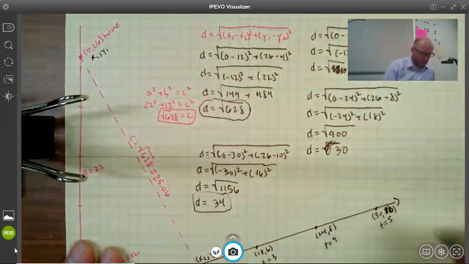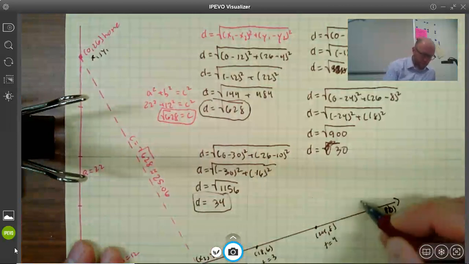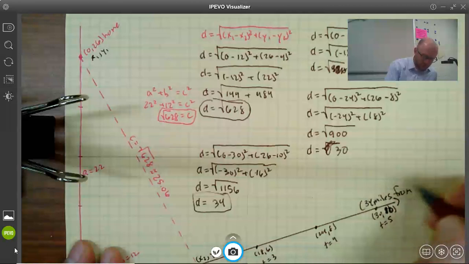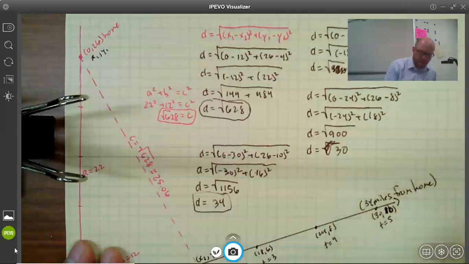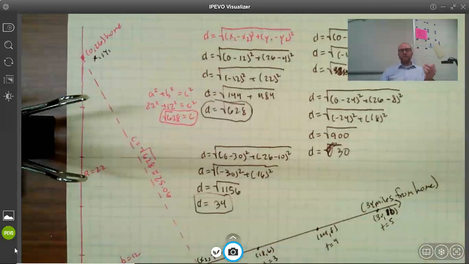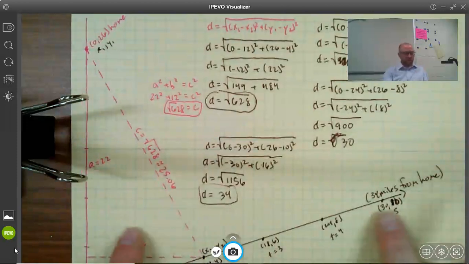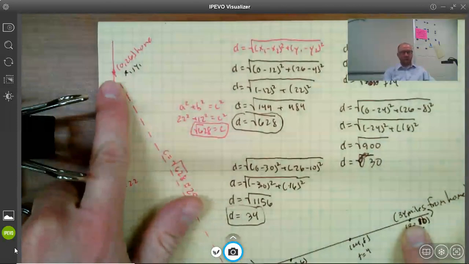So here, at this point, at this time right here, Kyle is 34 miles from home. We use the distance formula, Pythagorean theorem, to calculate that distance. So that's the distance from this point to his home, using the distance formula.